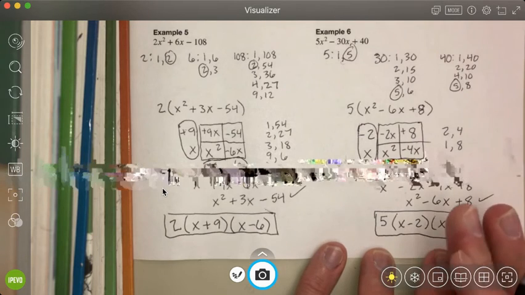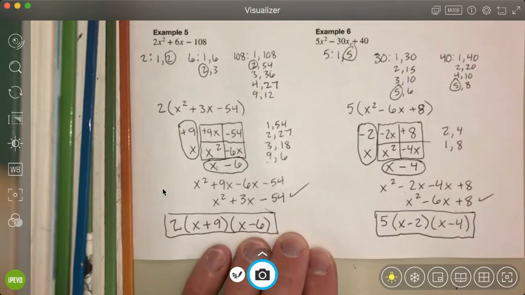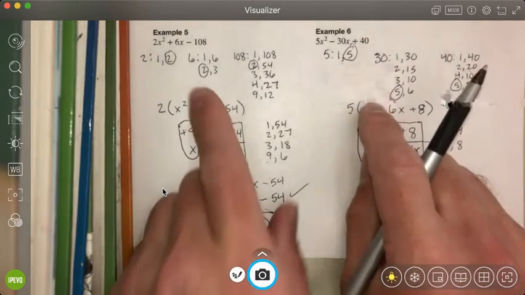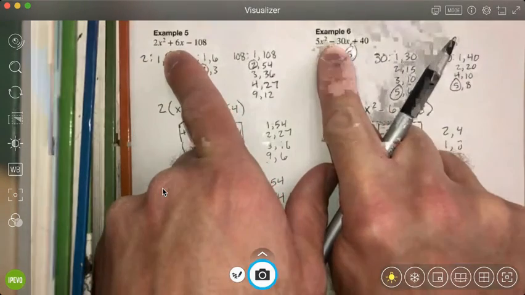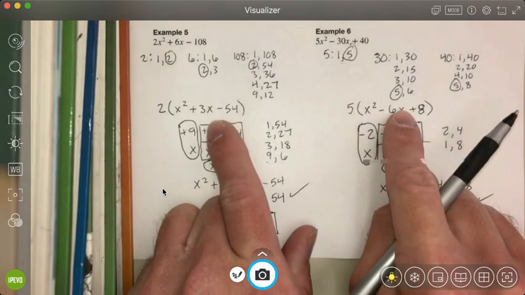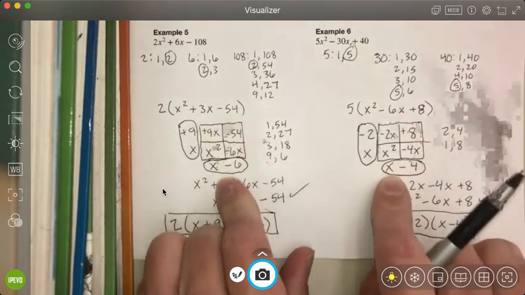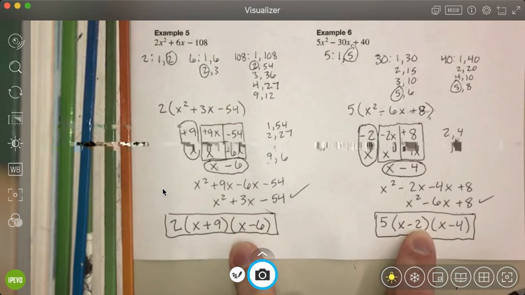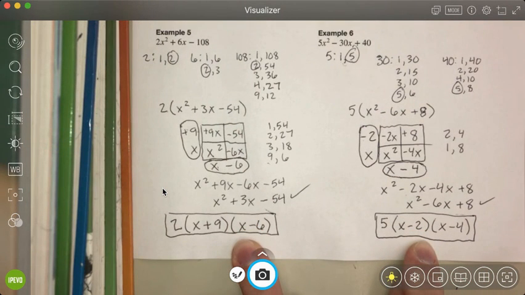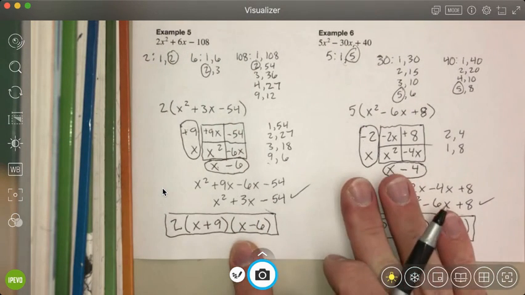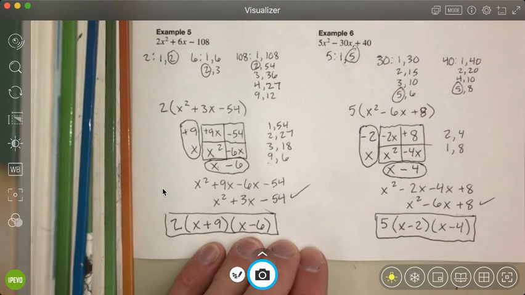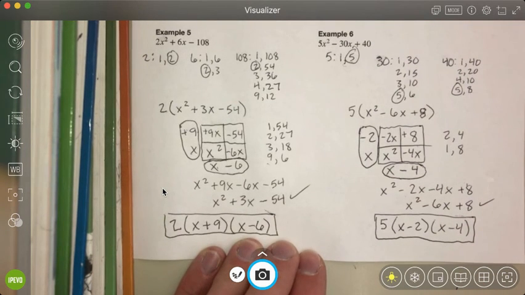So basically we're just doing everything that happened over the last few days and taking it one step further by saying, before we do anything, is there a number that we can take out of the original expression that actually makes our factoring a lot easier? If we can do that, do it, and then wrap up factoring like normal. All right, with that said, good luck. Let me know if you have questions, and we'll talk soon.